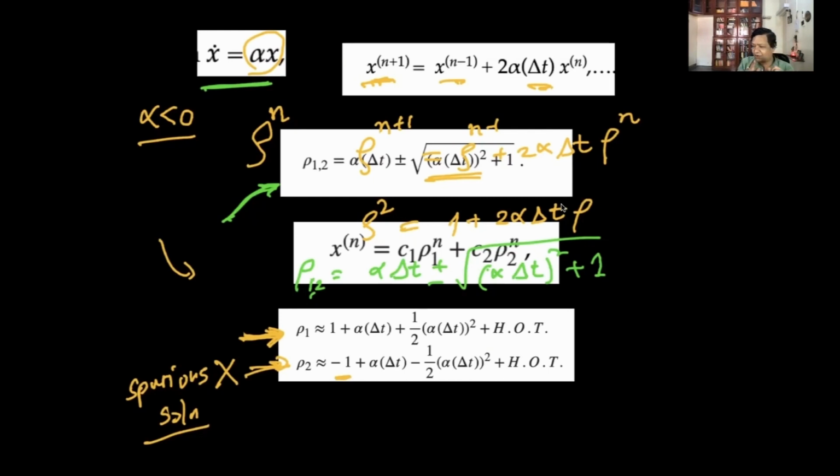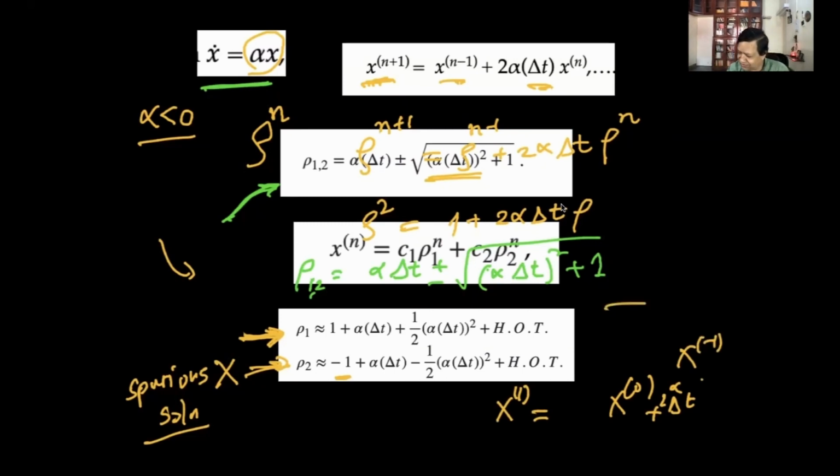Now, one more point for leapfrog, the initial condition itself is the issue. What happens at the initial condition? Suppose I start with x0. I want to go to x1, so then I need 2 alpha delta t. Basically, I need x of minus 1, one step before.